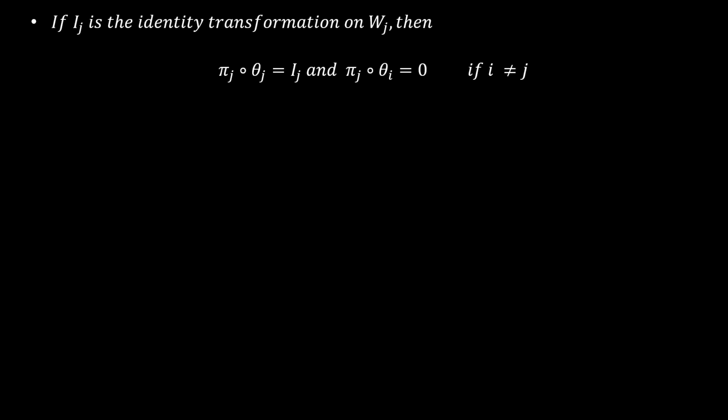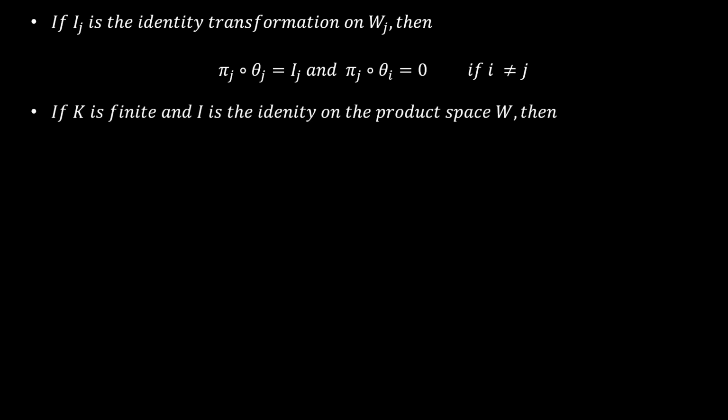So that means that this combination is the identity transformation, and obviously pi j in combination with theta i is equal to 0 when i is not equal to j.